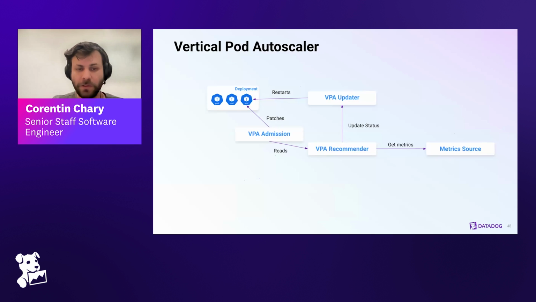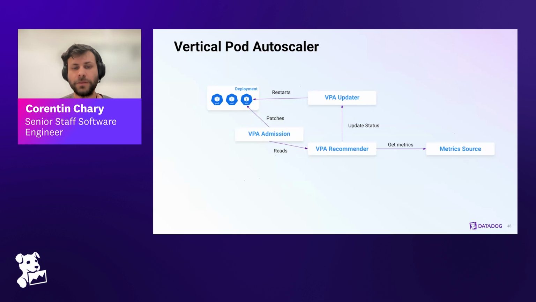The official solution for that is the vertical pod autoscaler. It's a controller made of 3 different parts. The first one is the VPA recommender, which will look at metrics for specific deployments and provide recommendations based on historical usage.